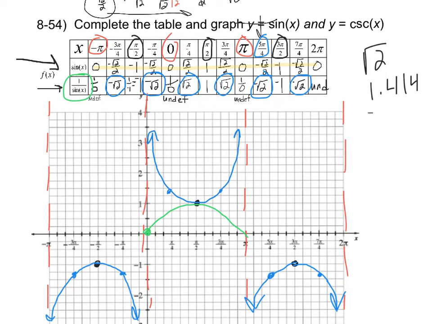So if my output happens to be 1/2 at a certain spot, say right there, well, 1 over 1/2 gives us an output of 2. So my output should be 2.